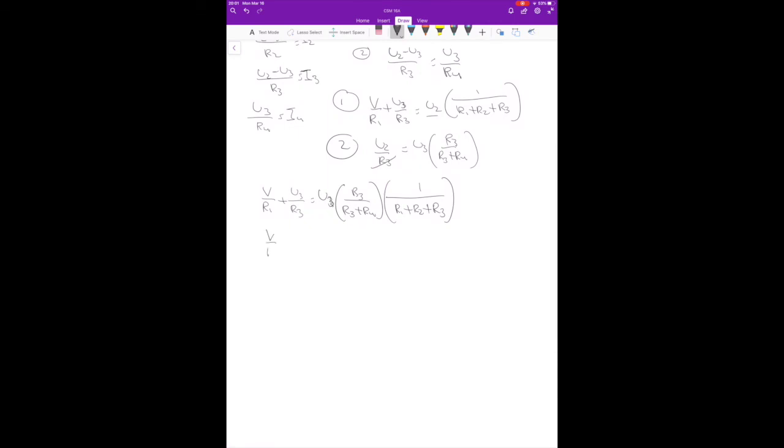So v over r1 would equal u3 times this quantity r3 over r3 plus r4 times 1 over r1 plus r2 plus r3 minus 1 over r3. And this I got by moving the u3 over r3 from the left side.